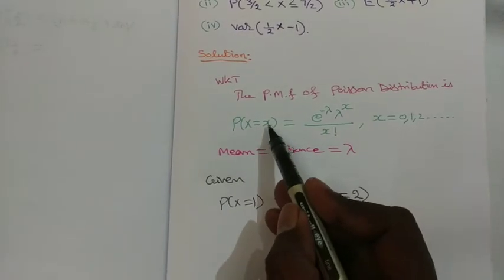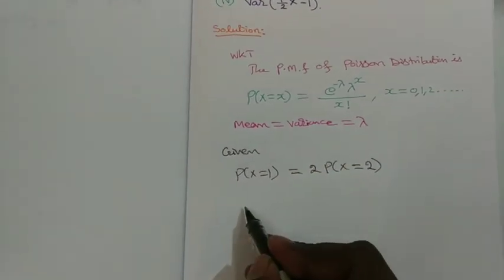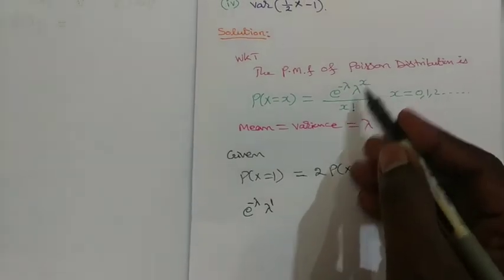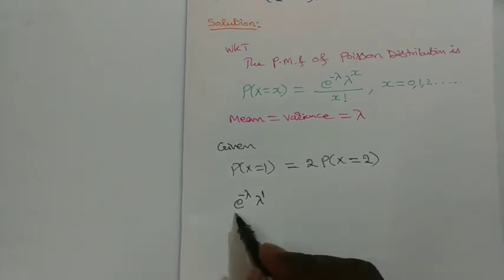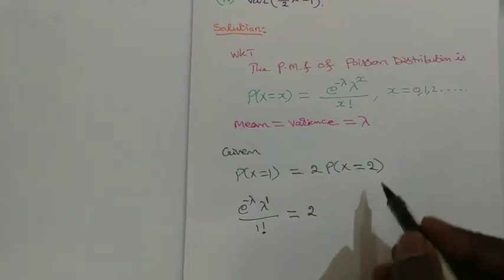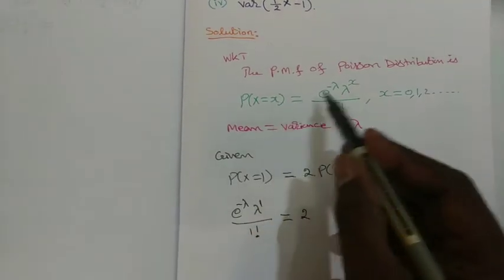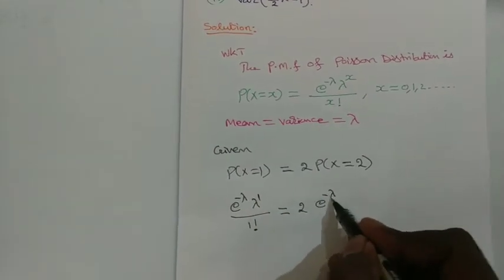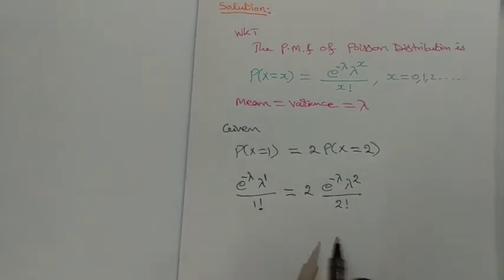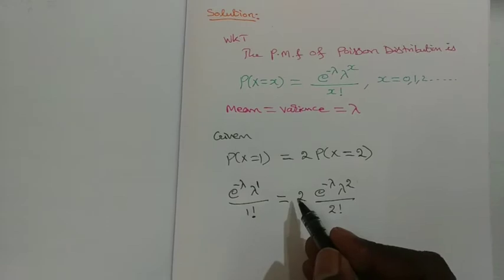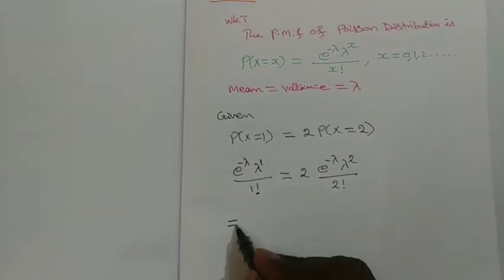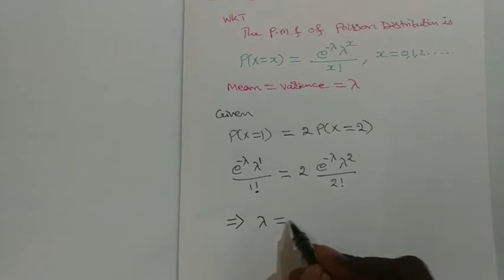Substitute x = 1 here, so that it is e^(−λ) λ^1 / 1! equals 2 times, put x = 2, e^(−λ) λ^2 / 2!. But 2 factorial is 2, so 2 can be cancelled, and e^(−λ) cancels, which implies that λ = λ².